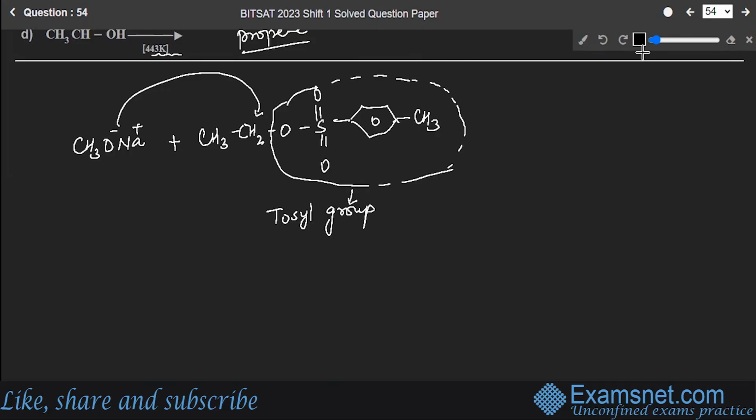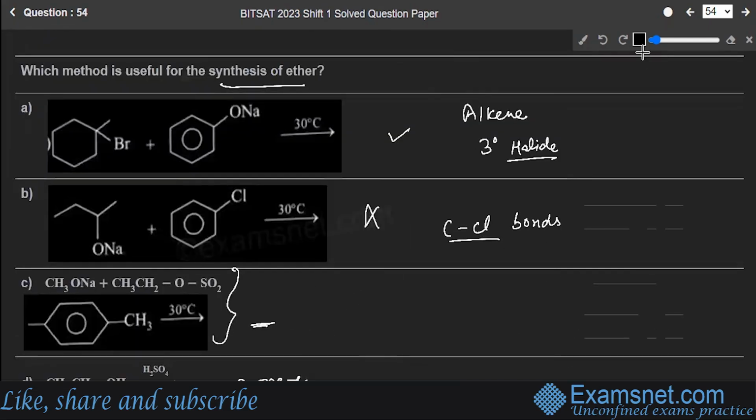So this will yield you the tosyl group plus CH3OCH2CH3. This is the one used in the synthesis of ether. Option C is the correct answer. Hope you got that. Let's move to the next question.